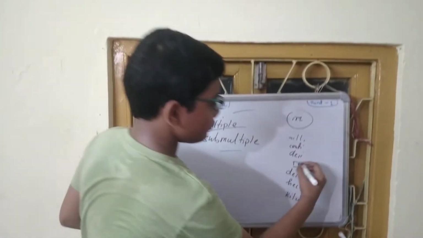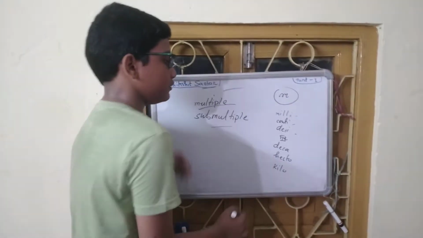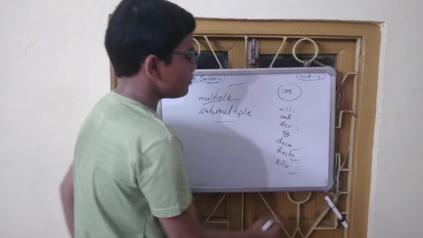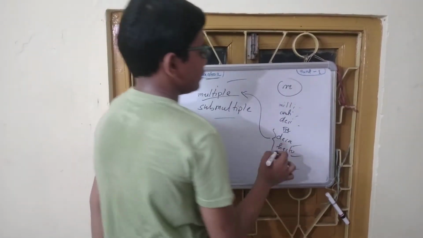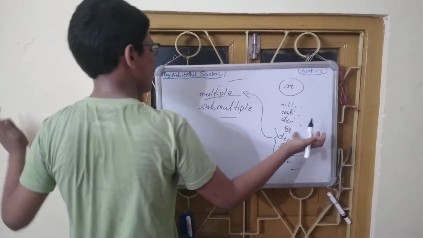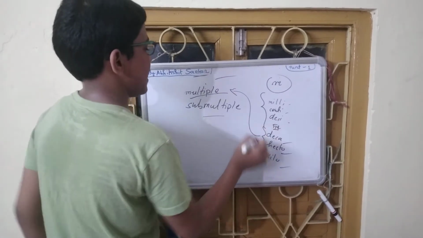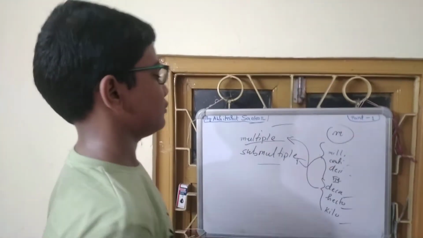Now the bigger units of meter are decameter, hectometer, and kilometer. These are the multiples. And the submultiples that are smaller than the SI unit meter are millimeter, centimeter, and decimeter. Some other units are also there. Submultiples.